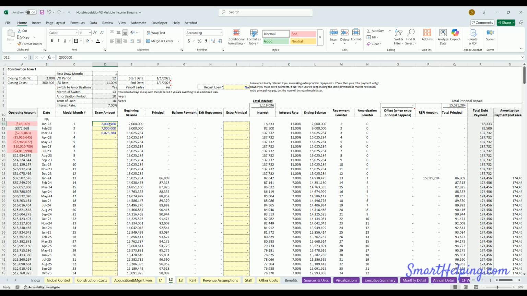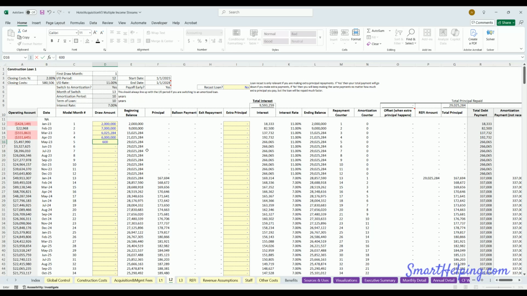Anyway, so we need a little bit more in this first amount, or we'll need more equity actually, so I'm not going to change that. Let's do 6 million. Actually, we don't need 8, 6 again.